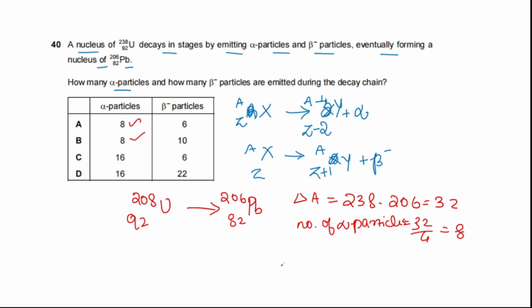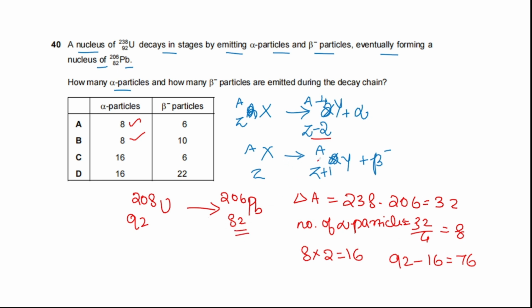As the 8 alpha particles are emitted, the proton number also decreases by 2 each time. So 8 multiplied by 2 means 16 is the decrease. So 92 minus 16 is 76, which should be the atomic number. But here you can see it is 82.